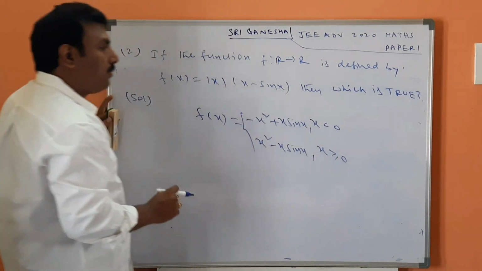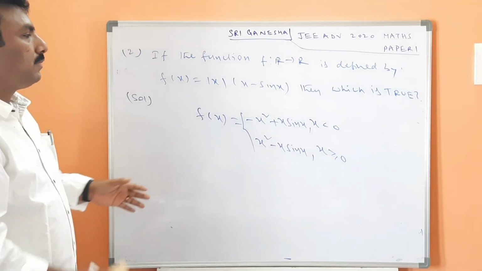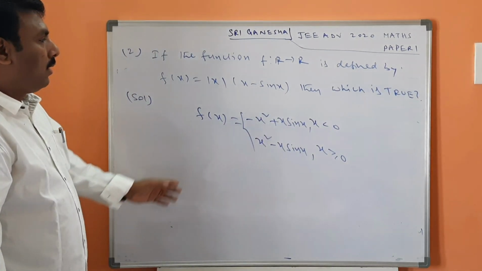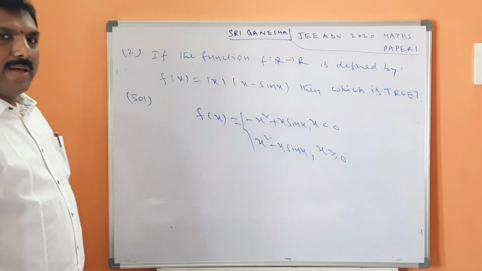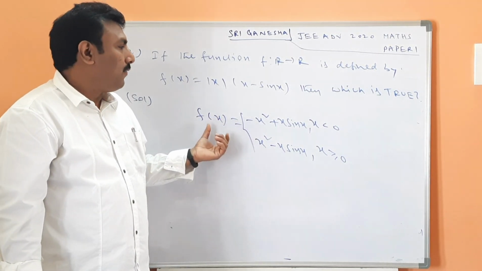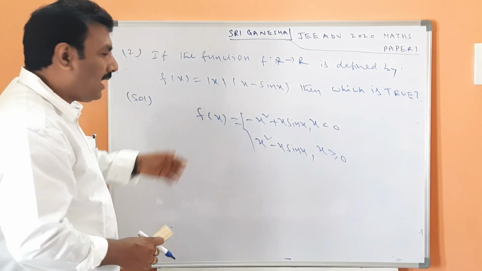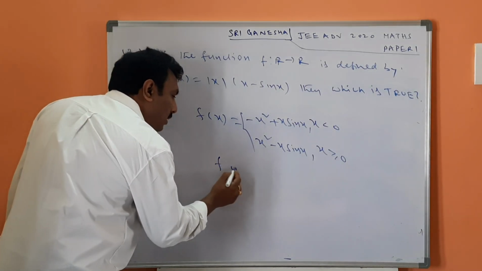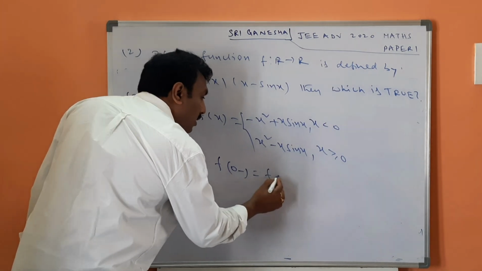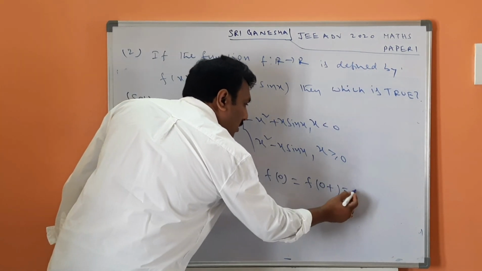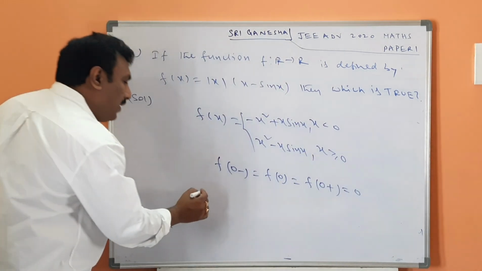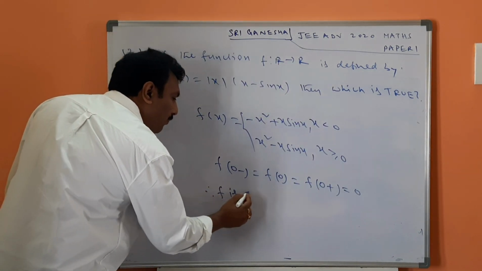So it is now a piecewise defined function. And also clearly f of 0 is equal to 0, f of 0 minus is 0, f of 0 plus is 0. So it is clearly continuous. f of 0 minus is equal to f of 0 equal to f of 0 plus, equal to 0. So clearly f is continuous at x equal to 0.